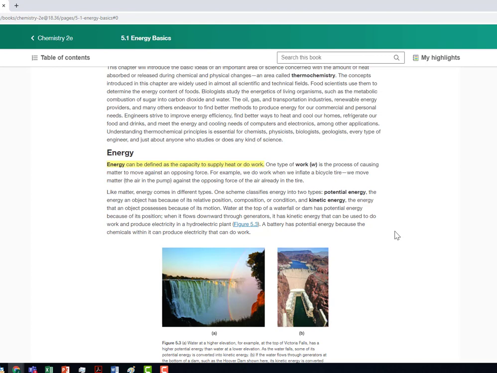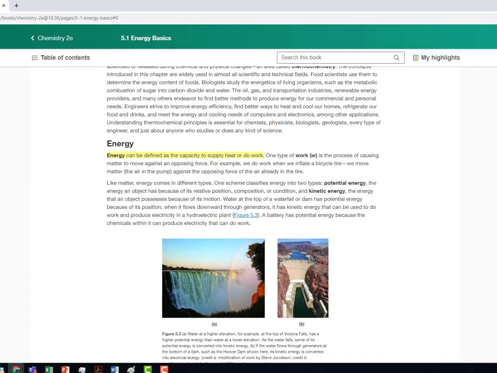But in the sense of science, we're looking at movement against a force. This is an idea that you will explore in much greater detail if you take a physics course. We'll look at it slightly in here, but we want to have somewhat of a broad understanding of energy in order to get into some specifics related to thermochemistry.